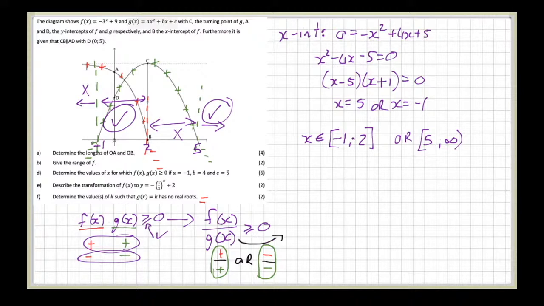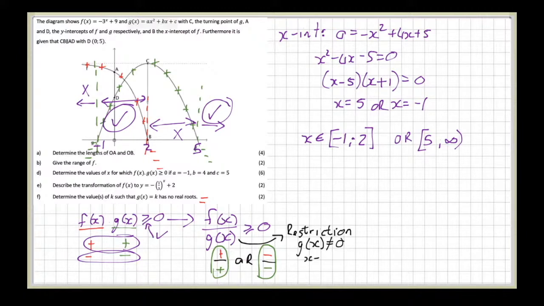Because we are dividing, I have a restriction. My restriction is that I'm not allowed to divide by 0. So in other words, g(x) may not be 0. So in other words, my parabola, the y values are not allowed to be 0.